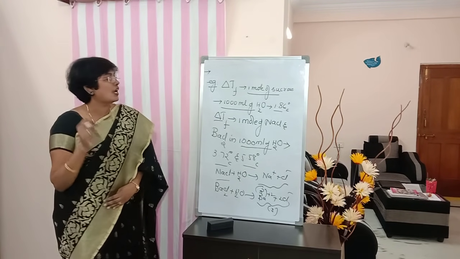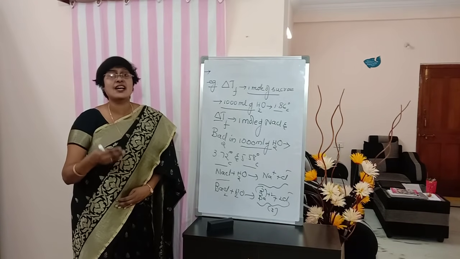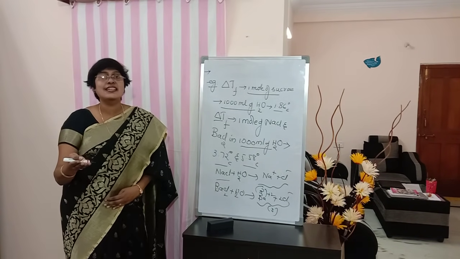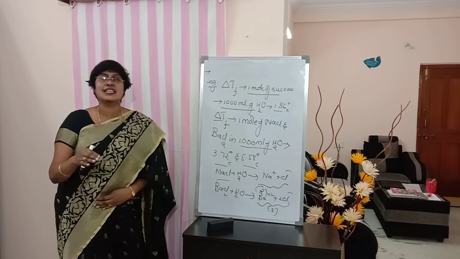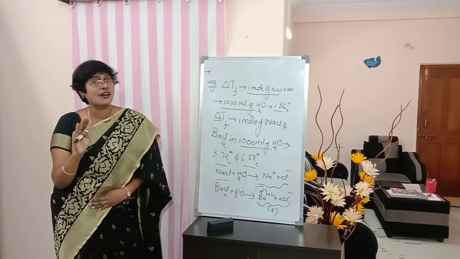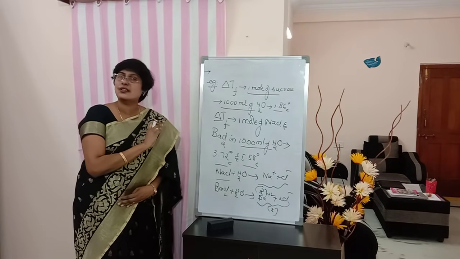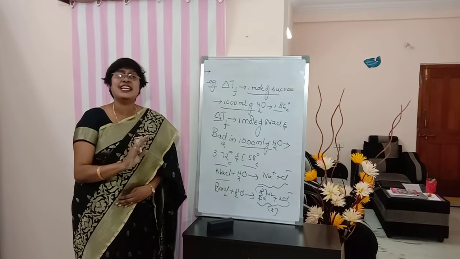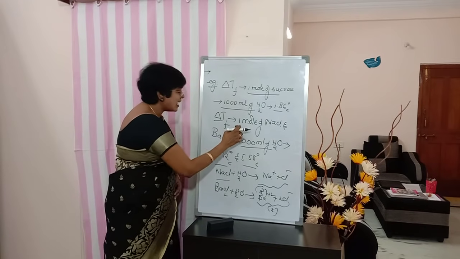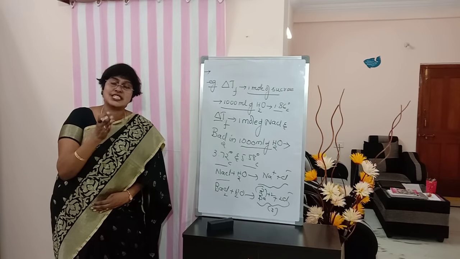Now coming to sucrose. Sucrose or urea or glucose, even if you dissolve it in water, it doesn't dissociate into ions. So this is the solution where solute is not being dissociated. These are the solutions where the solute is being dissociated.